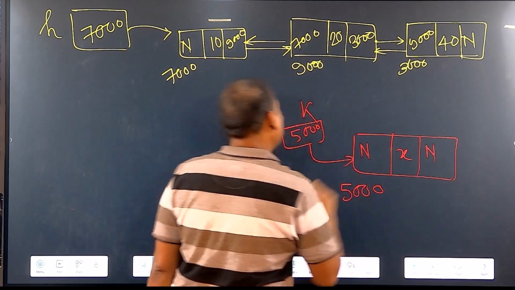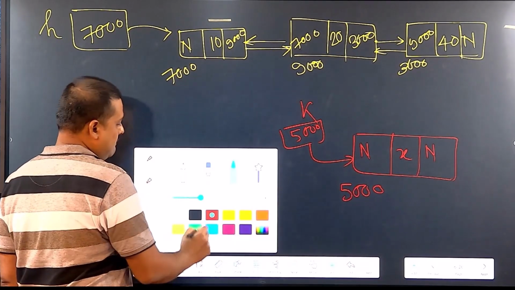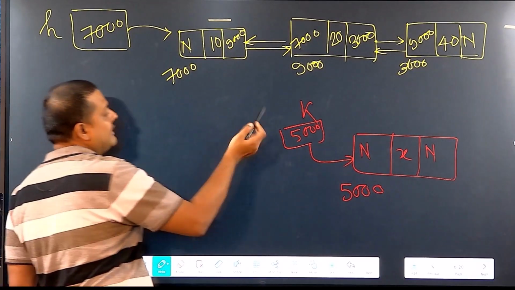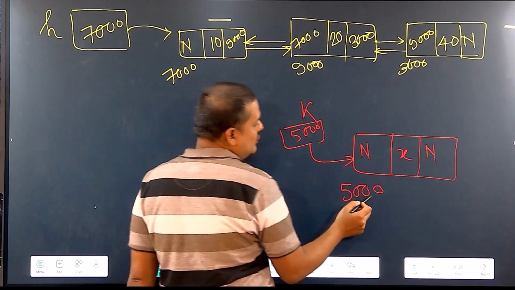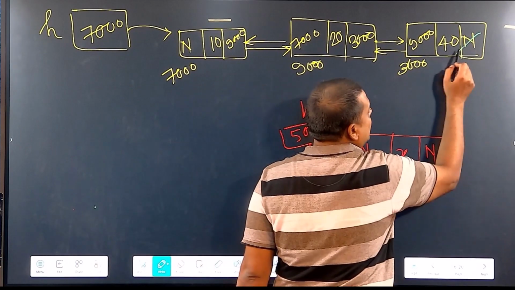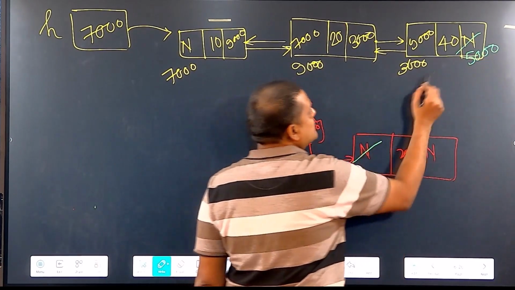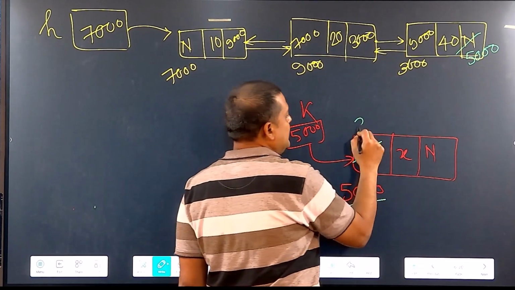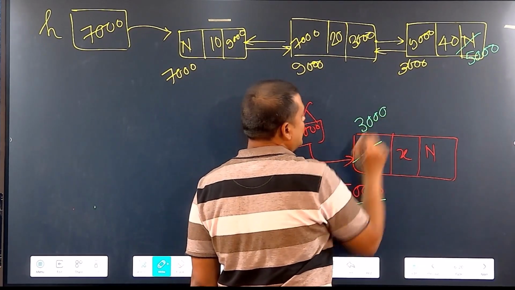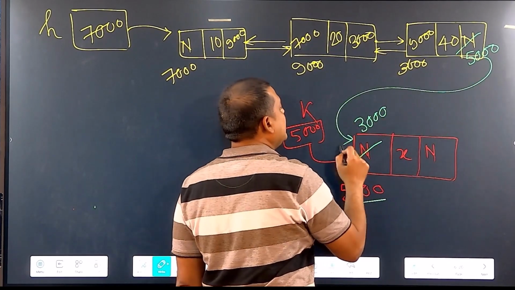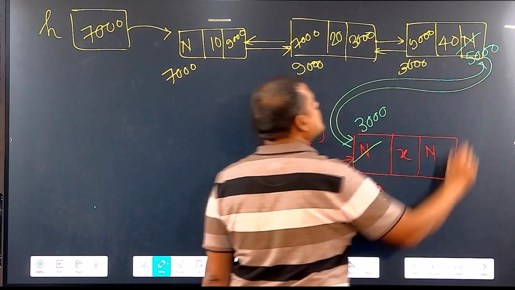Now, what is our goal now? I have to find where I want to assign. My goal is that this 5000 must be here, this 5000 must be here, and this null must be 3000. By this way I can create a link between this and this.